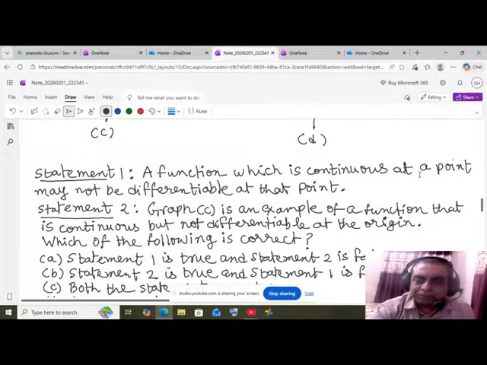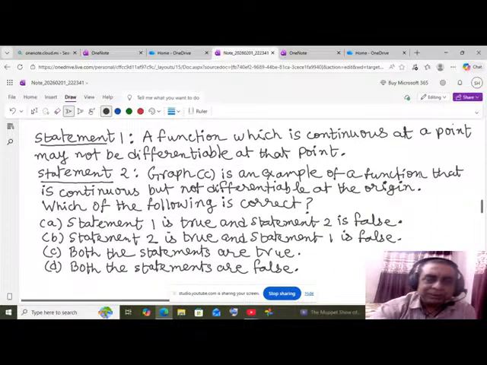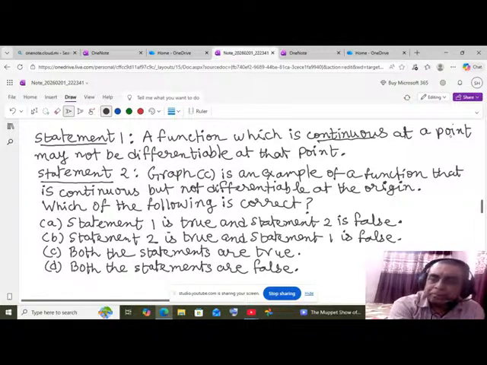Now the statements. Statement number 1: a function which is continuous at a point may not be differentiable at that point.